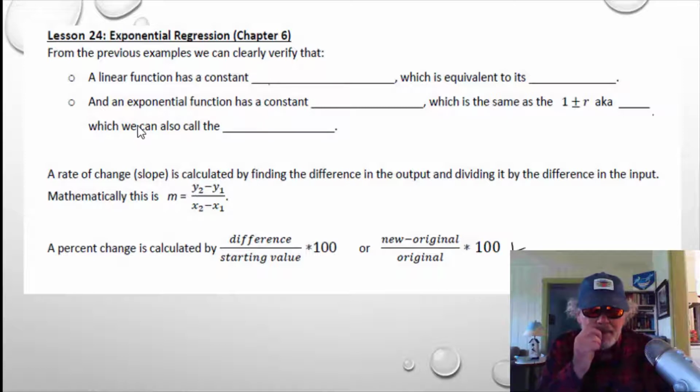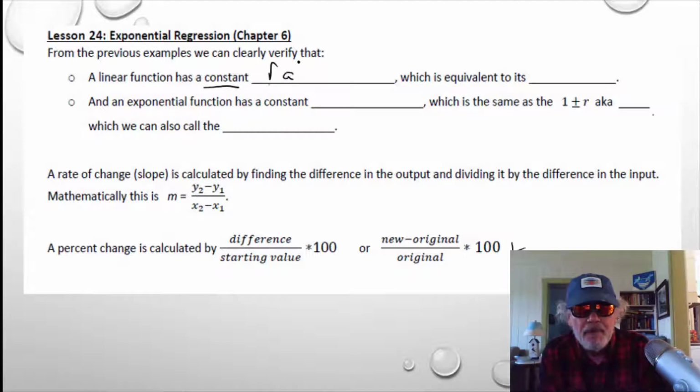So we have a linear function here, and it has a constant rate, which is equivalent to its slope, or m. Just study those.